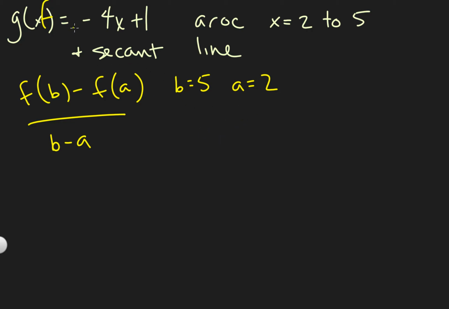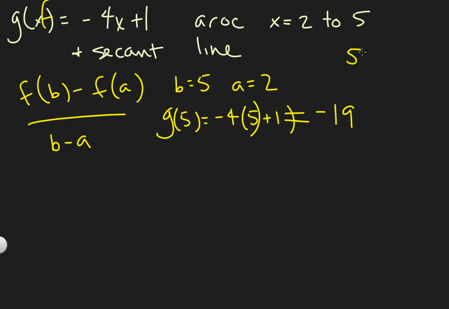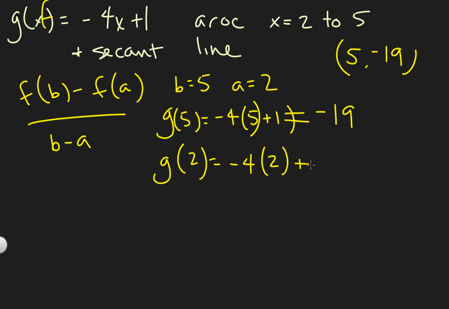So plugging in the 5, g of 5 is going to be equal to negative 4 times 5 plus 1, equals negative 20 plus 1, which gives me negative 19. So I've got 1 point here, (5, -19). For my second point, with 2, we get negative 4 times 2 plus 1, which gives me negative 7.